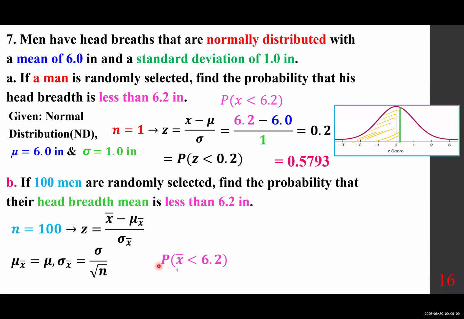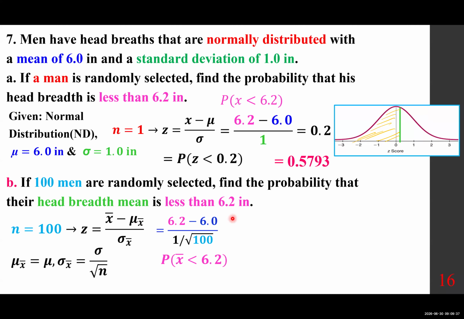And because n is 100, we want the probability of x bar less than 6.2. So x bar minus mu of x bar over sigma of x bar, where mu of x bar and mu are identical. However, sigma of x bar is sigma over square root of n.